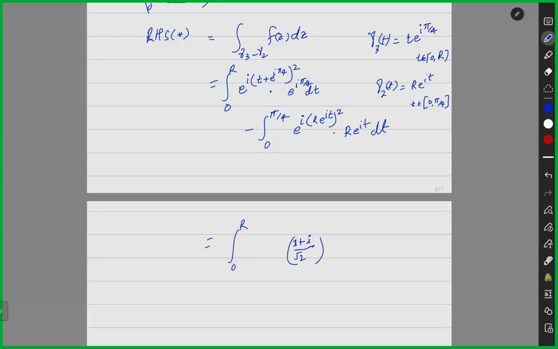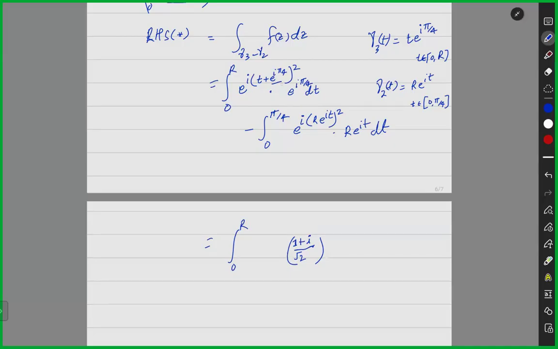So it becomes e power I pi by 4, this is a constant.